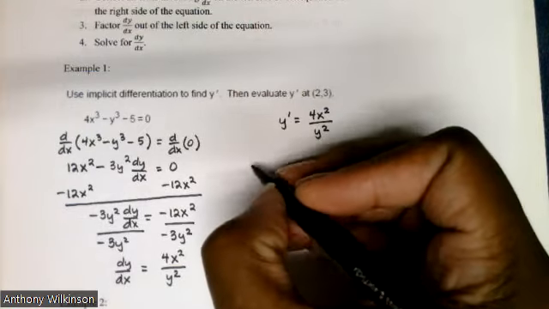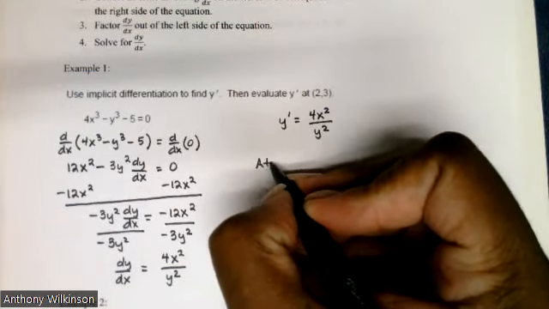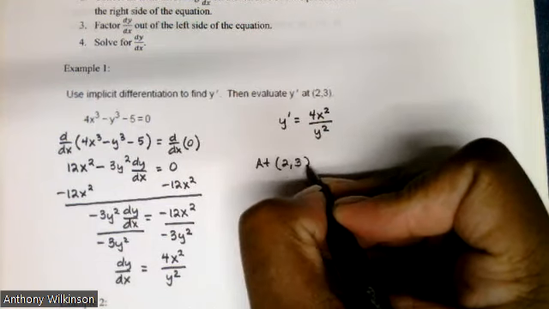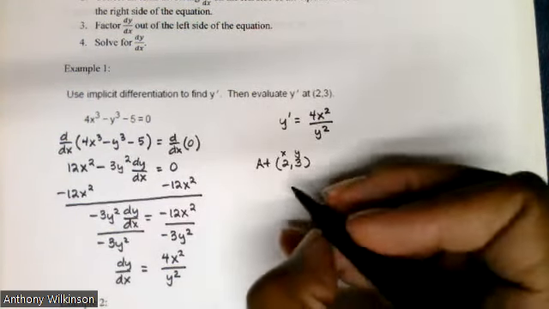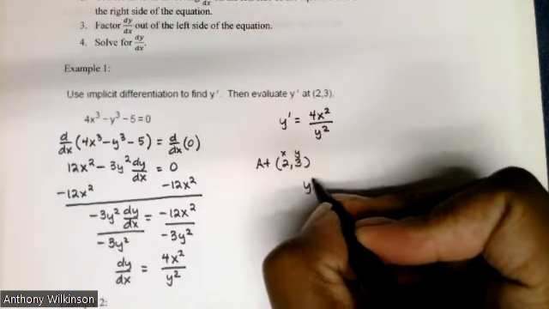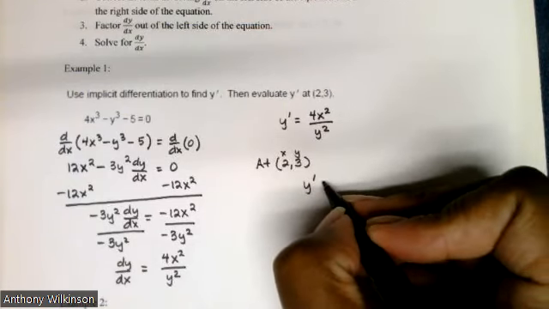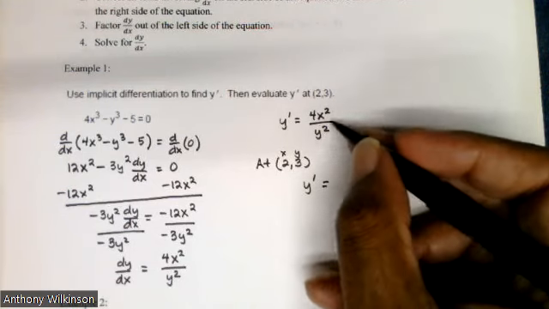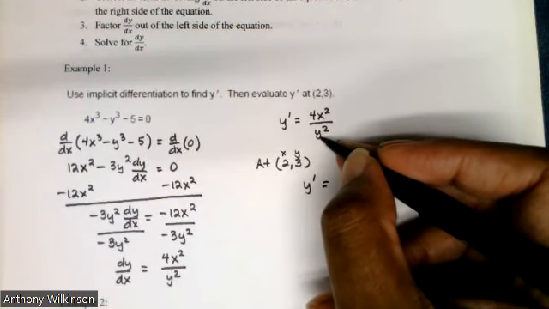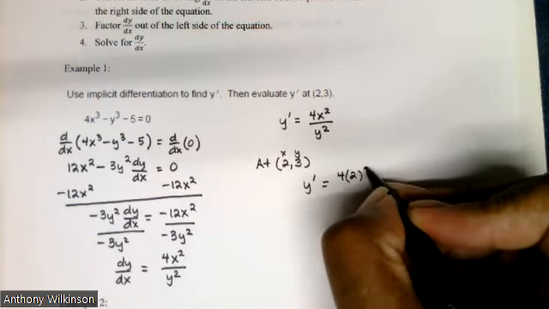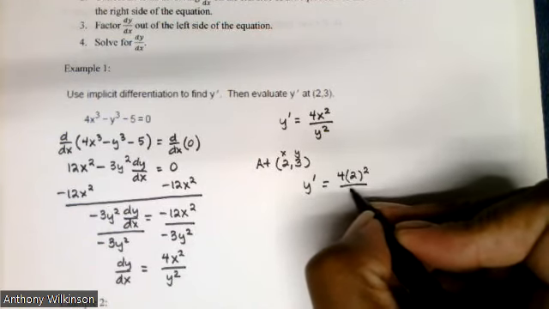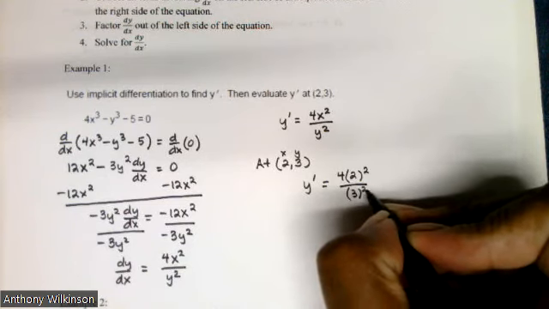So at the ordered pair 2, 3, in this case your x is 2 and y is 3, then y prime would be this. I substitute the x with 2 and the y with 3, so it'll be 4 times x, which is 2, and that's squared, divided by y, which is 3, and that will be squared.